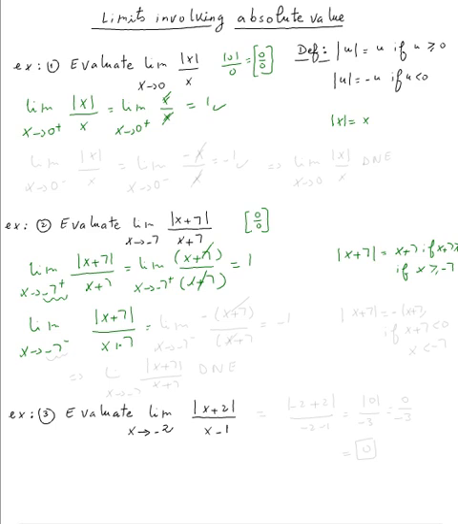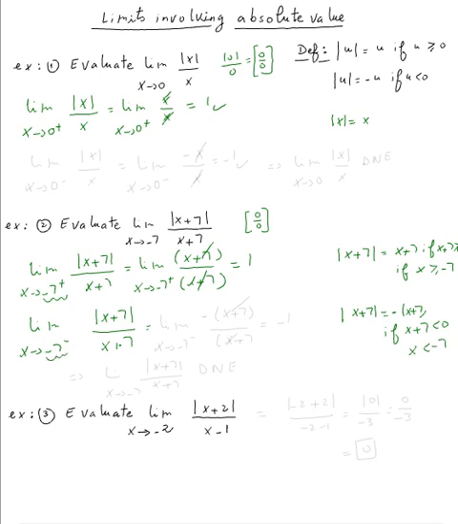Now, let's see what the absolute value of x plus 7 is. It's also equal to minus the inside if the inside is smaller than 0. x plus 7 is smaller than 0 means x is smaller than negative 7. And that's this case.